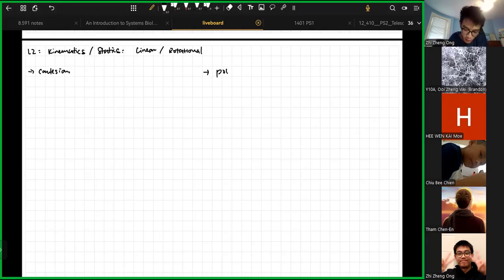So for Cartesian coordinates, this is exactly x, y. And in the polar coordinate system, we have r, theta.